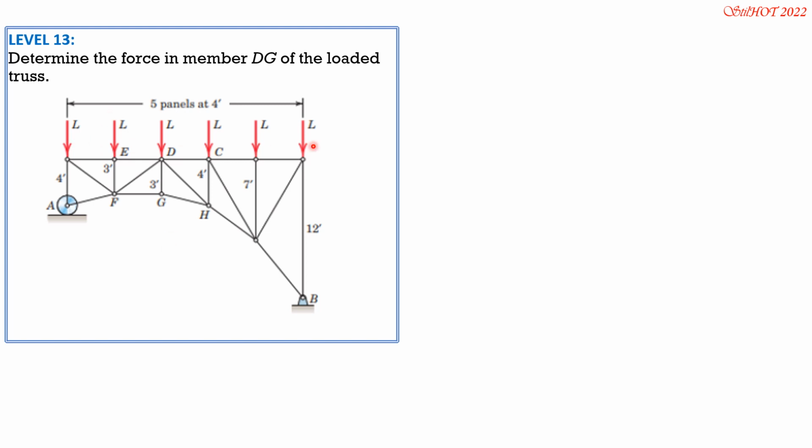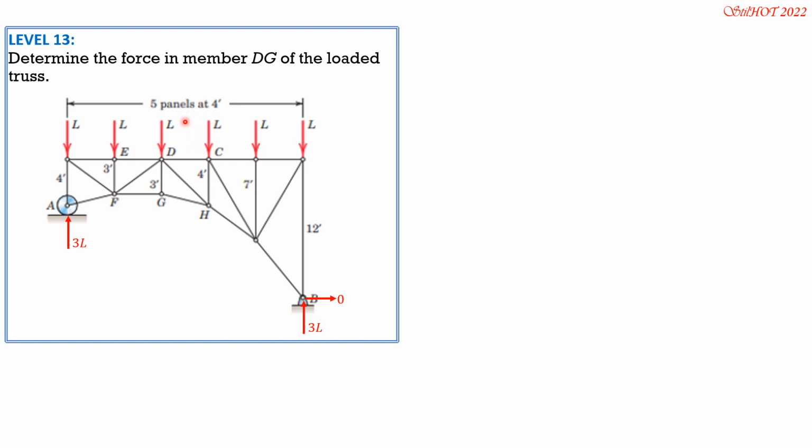By symmetry of the loadings, the vertical reactions would be equal to 3L because the total load is 6L. So we have 3L at A. The vertical reaction at B is also 3L. The horizontal reaction is 0 because there's no inclined load.